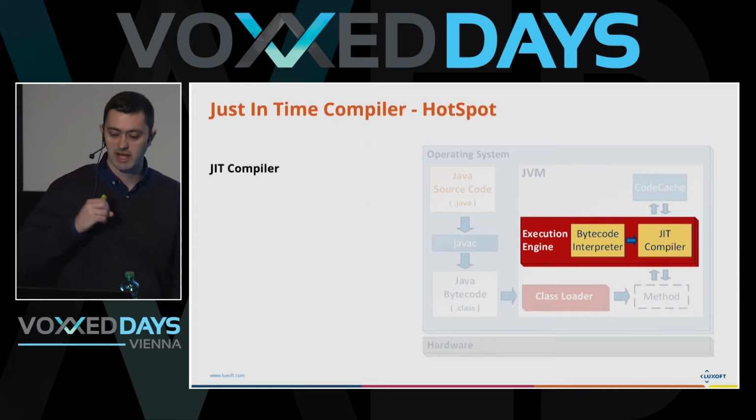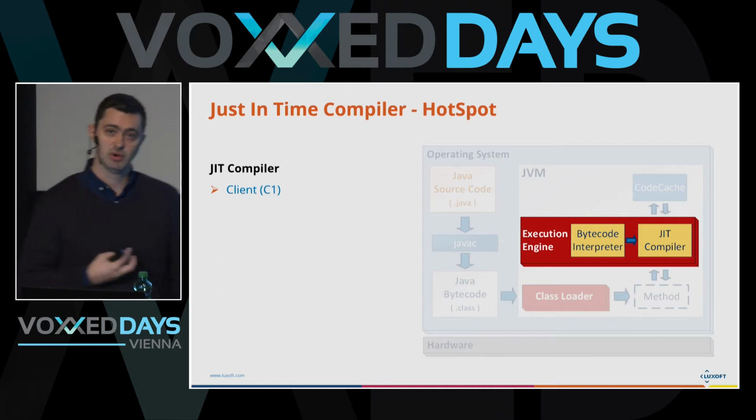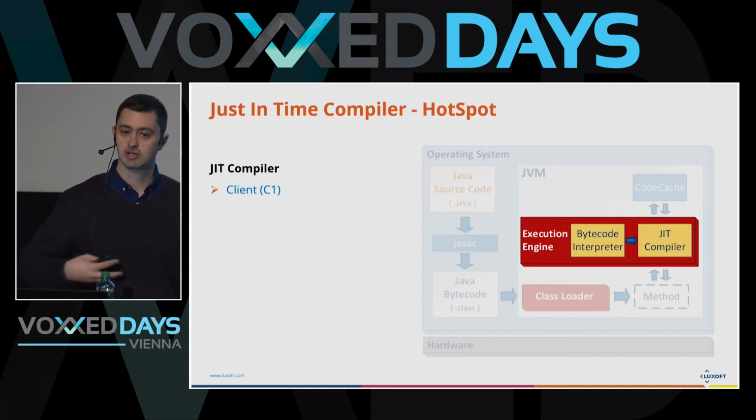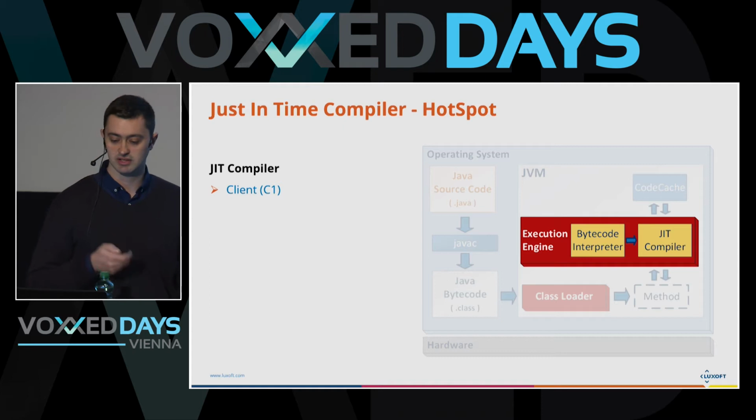If we zoom in a bit, the just-in-time compiler is made of the client compiler, C1, which triggers only rock-solid optimizations based on the invocation threshold, which is around 1,500 iterations.